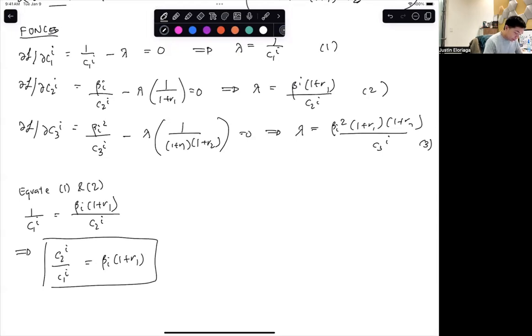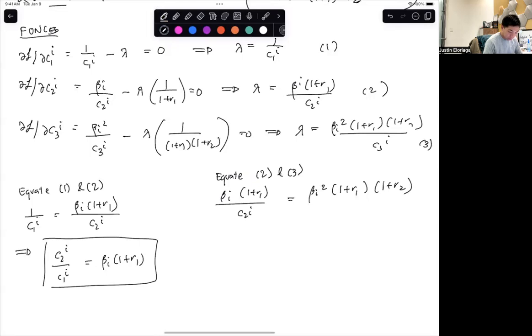The next thing I want to derive is if I equate 2 and 3. I get beta i (1 plus R1) over C2i equal to beta i squared (1 plus R1)(1 plus R2) divided by C3i.